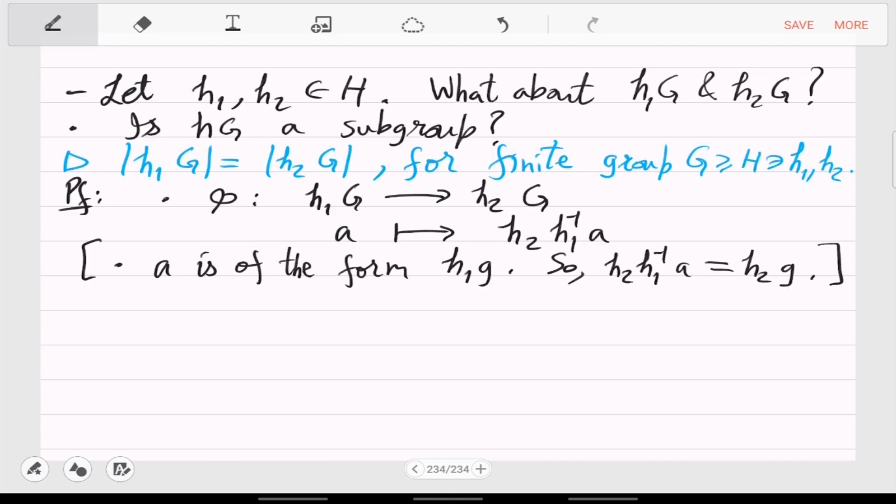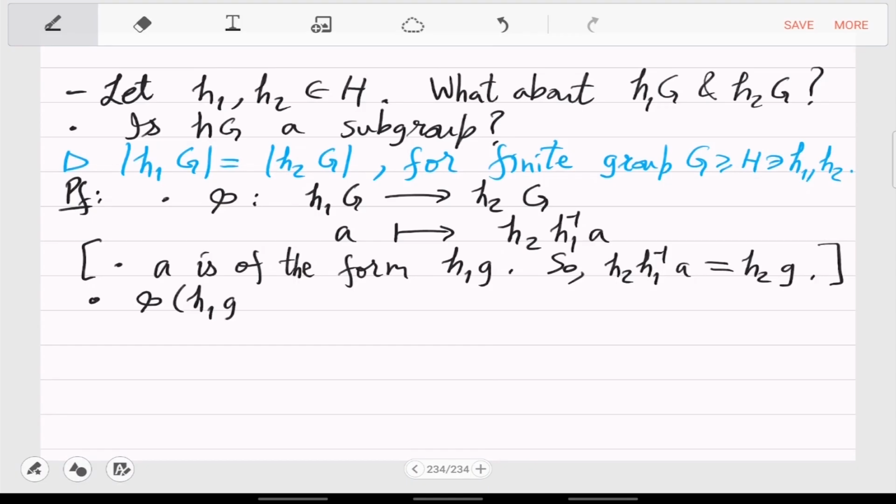Is it a bijection? How is it a bijection? So what you have to show is if phi of A is equal to phi of A prime. So let's not use A, let's just use H1G.